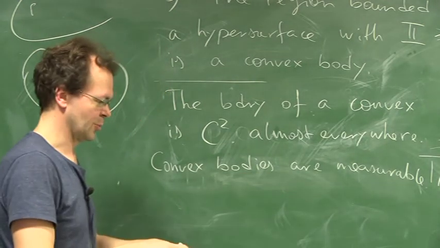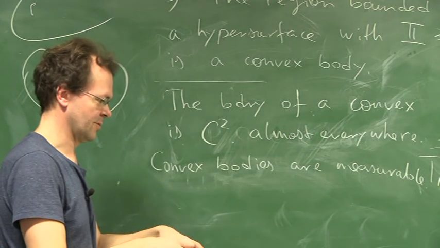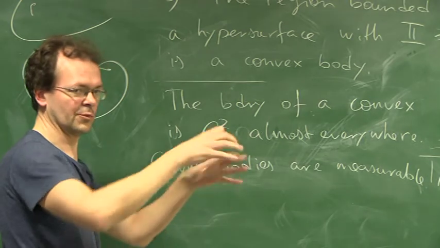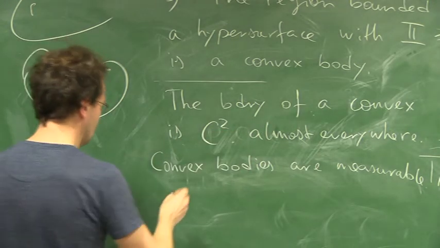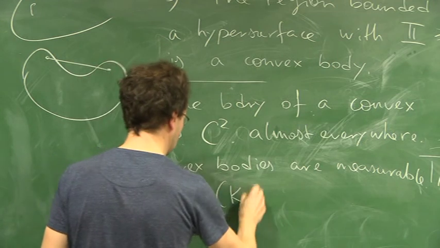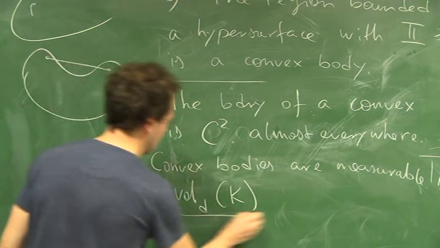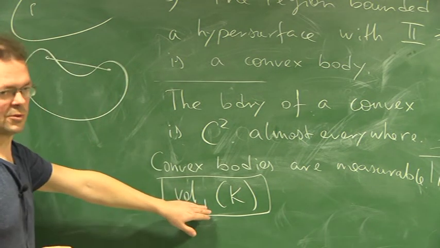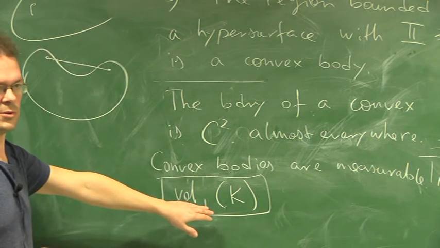So the supremum of the volumes of the step bodies inside is equal to the infimum of the volumes of the bodies outside. And the volume of a convex body in R^d I will denote by vol_d of K. Often I will omit d when it is clear what this d is.